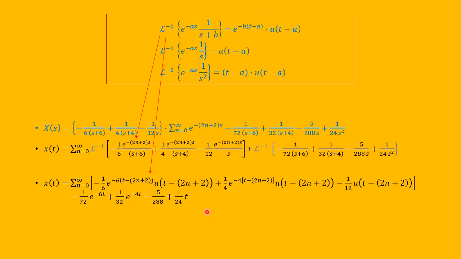For this one, we'll have minus 5 over 288. Remember that the inverse Laplace transform of 1 over s is just 1, and so it's minus 5 over 288 times 1. And on this last one, the inverse Laplace transform of 1 over s squared is just t. And so the inverse of 1/24 s squared is 1/24 times t.